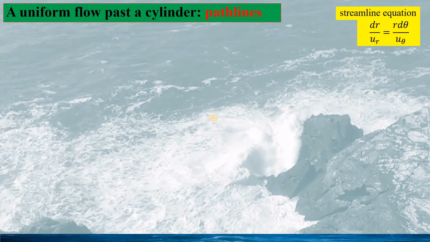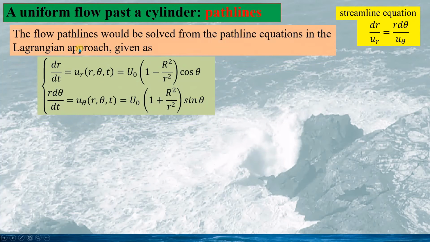Now we have a look at the Pathline and the Pathline equation. As we have mentioned before, the fluid Pathline would be solved from the Pathline equation in Lagrange approach given as this. So dr over dt is ur.